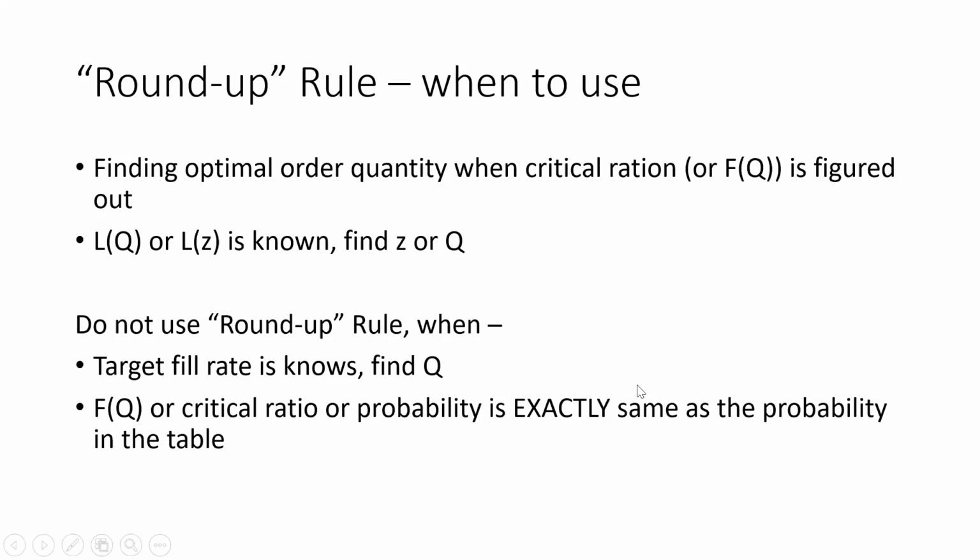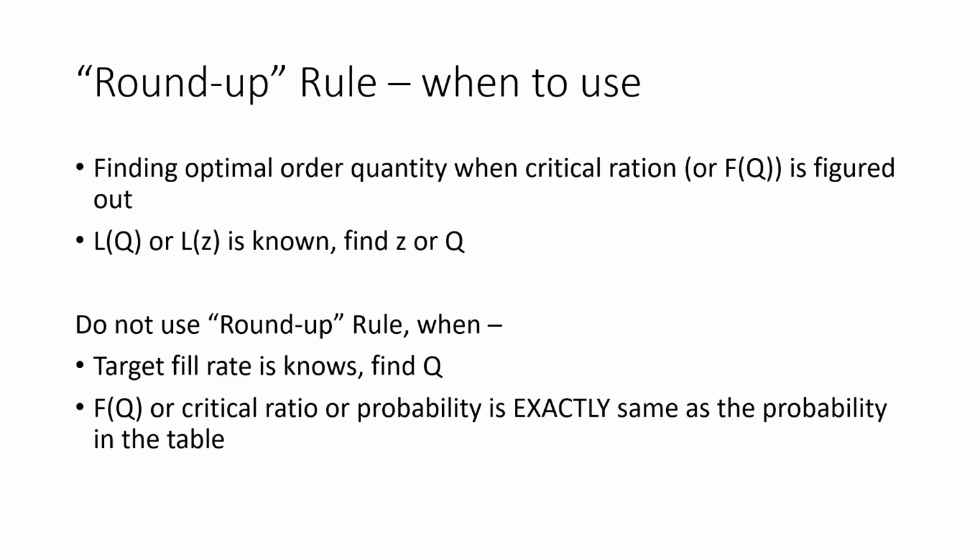When do not use the roundup rule? When the target failure rate is known and you find the Q. For the target failure rate, you find the closest one but the smaller value with your probability, and then find out Q. Otherwise, your target failure rate is going to go down.